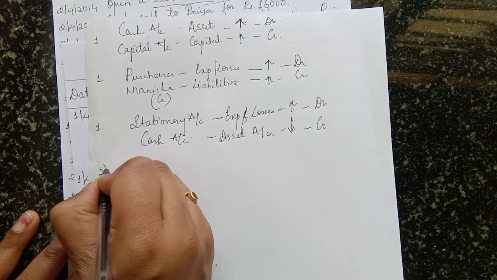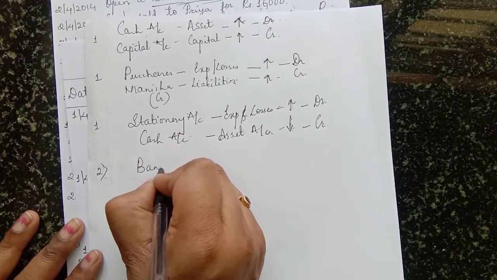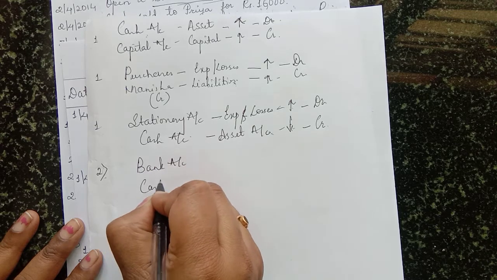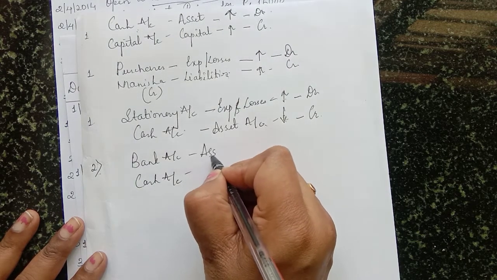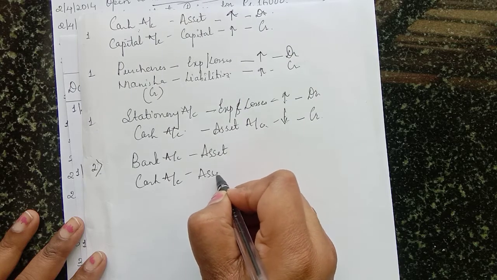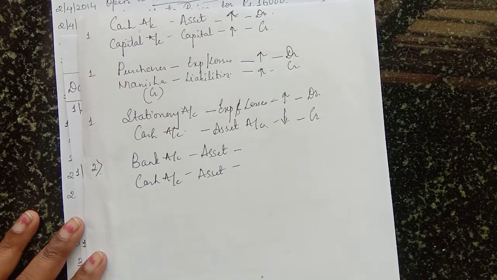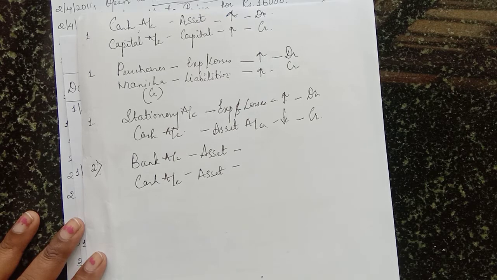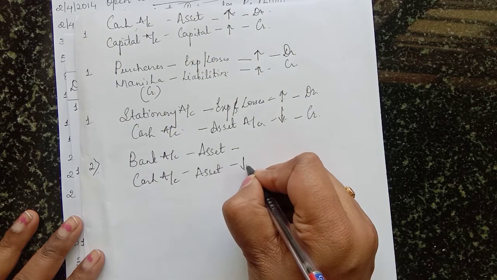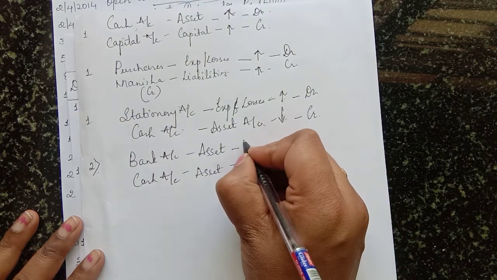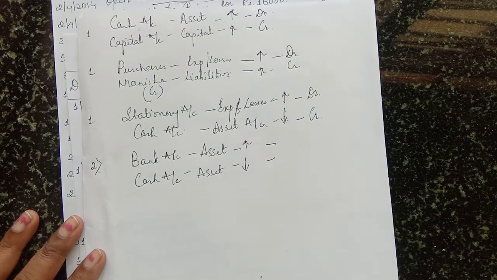Both are assets only. So to open the bank account we need to pay cash. When cash is going out, your cash balance is decreasing and bank balance is increasing, right?